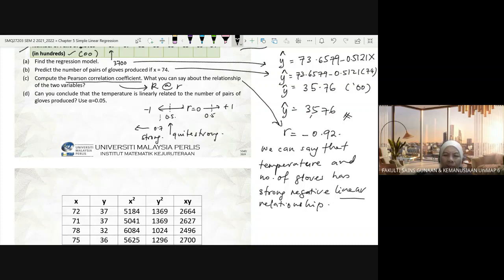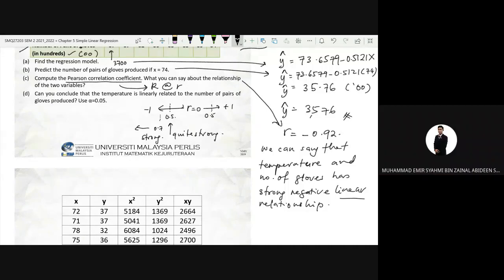But most of the time 0.7 and above are considered strong. Less than 0.7 you can also say quite strong, considerably strong. You just use the correct terms to differentiate between strong, quite strong, weak, very weak, and so on. Did I answer your question? Yes, Doctor. Thank you.